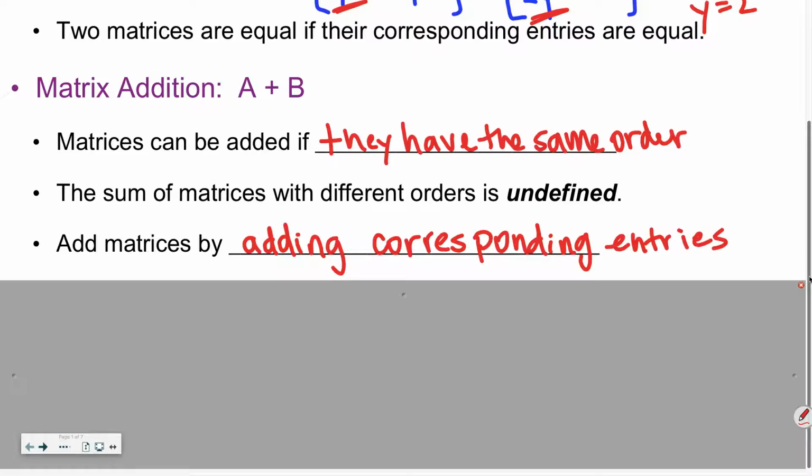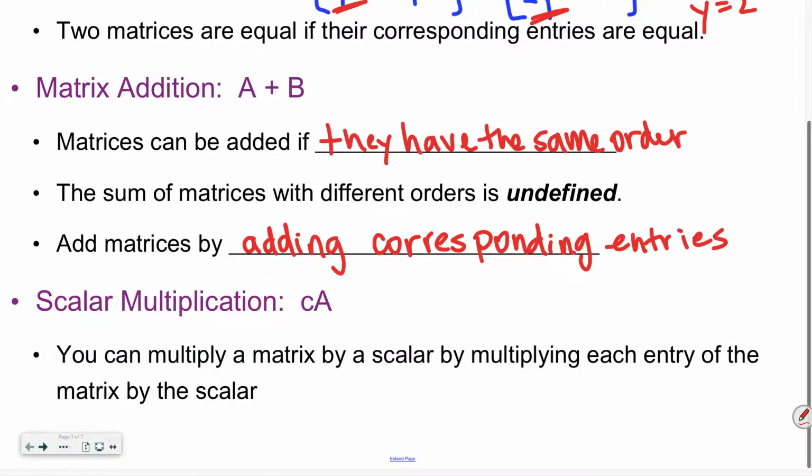But then there's one more basic operation. We are going to talk about matrix multiplication here soon. But first I want to talk about multiplying by a scalar. Okay, so do you see this right here? How I have this little c and this big A? Capital letters are what we call our matrices. You kind of notice that in our calculator. So this lowercase c represents like a number, like a constant.